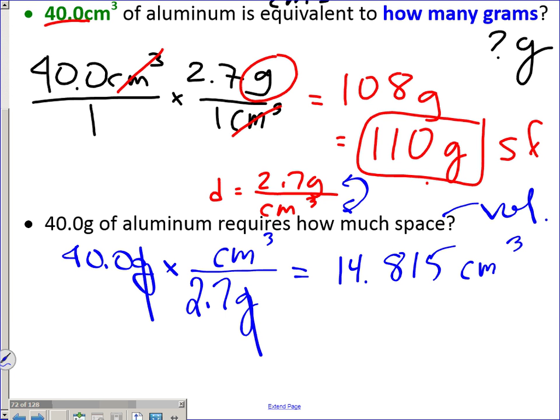No, you're not canceling the numbers, you are actually using them for calculations. So 40.0 has three sig figs, 2.7 has two sig figs, two sig figs reigns. What's the final answer? How many sig figs did I just say? Two. So some of us are going 14, right? But don't forget, you got to look at the 8, and it's like, nope, round that baby up, 15 centimeters cubed.